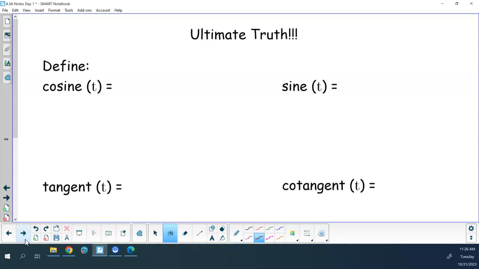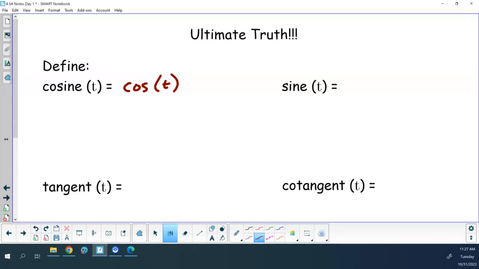In trig, on the unit circle, we have six wonderful, awesome operations, functions, whatever you want to call them. The first one is cosine. We abbreviate it to cos. At some point you're going to say cos, and I'm going to say, huh?